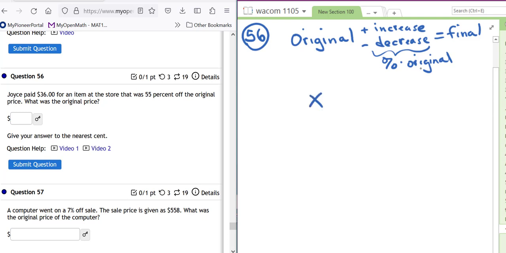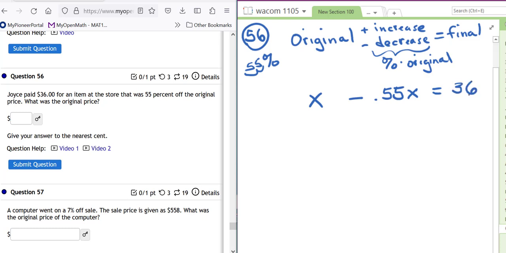Okay, this next piece, percent times the original. Your percent is 55% off, so 55%, you have to switch it to a decimal, so drop your percent, and it's 0.55 times the x. So your x is also in this piece, equals your final, and they had to give that to us, 36.